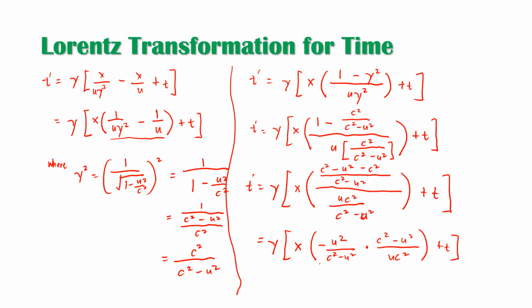So we can cancel this. We have gamma x, and we can cancel one u here because we have a u in the denominator: negative u over c squared. This is the only thing that is left, plus t. So this is equal to gamma multiplied by (t minus ux over c squared). So this is now our t prime.